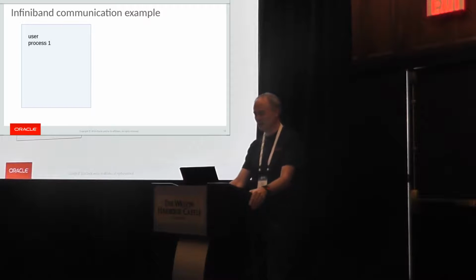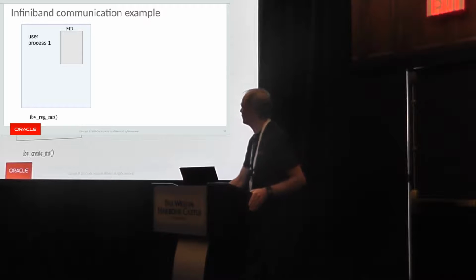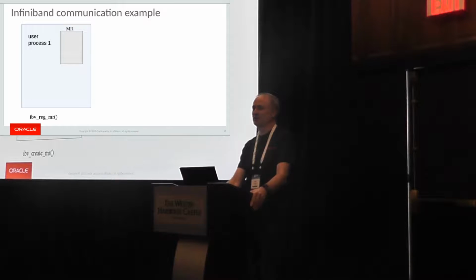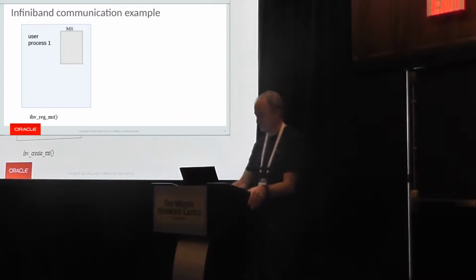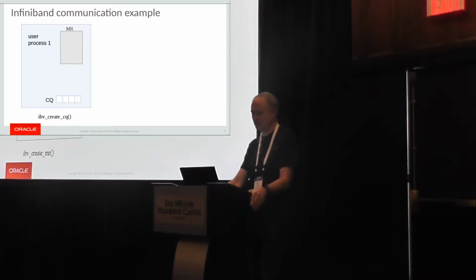So we have one user process here that typically will allocate some memory. This memory will have to be pinned to be accessible for the device. That means we have to call this call in the user-level part, which communicates with the kernel, to set up a pinned memory mapping called an MR, a memory region.